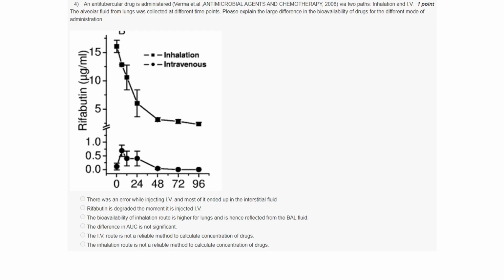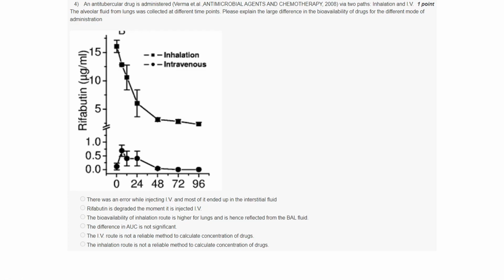Okay, so I can try answering this as best as I can. When you're giving any drug intravenously, that is a very instantaneous action. Once you inject anything in the blood, it's going to flow very fast, and that will be reflected in any part, let's say you take blood from the arm, or here they are collecting it from the alveolar fluid. So the drug will immediately be reflected in that particular place.